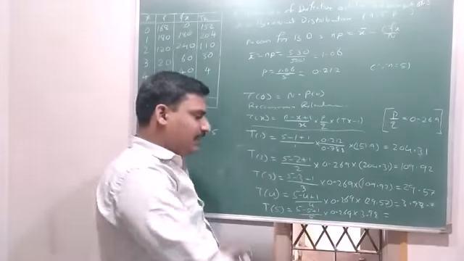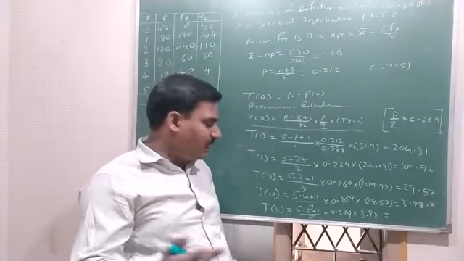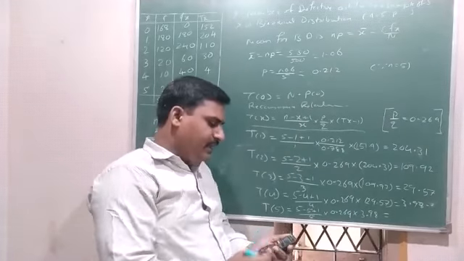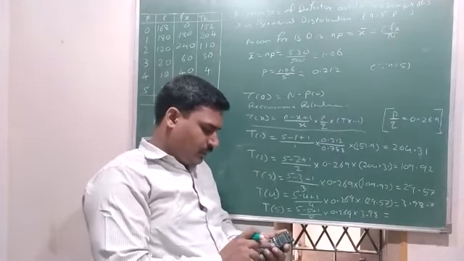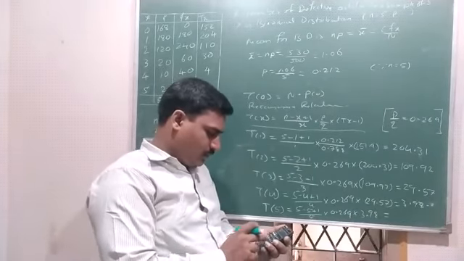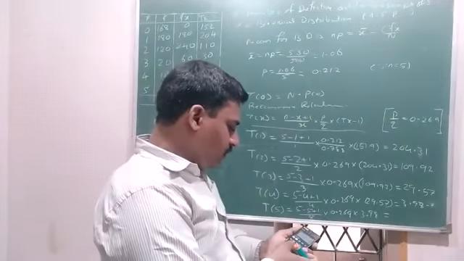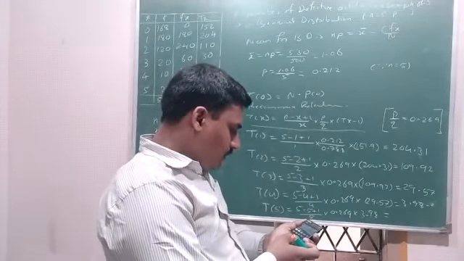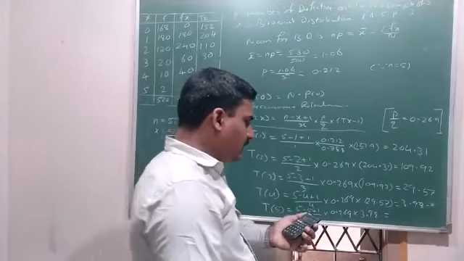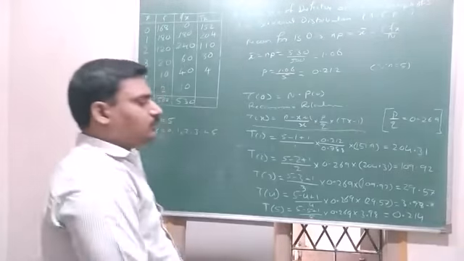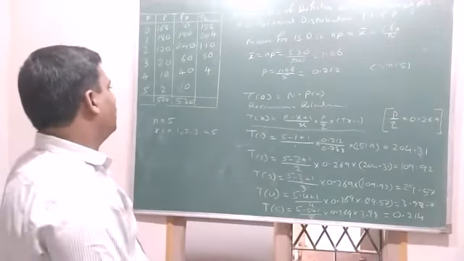So 5 minus 5 is 0, plus 1 is 1, divided by 5 is 0.2. So 0.2 into 0.269 into 3.98, we get 0.214, so approximately 0 only we will get.